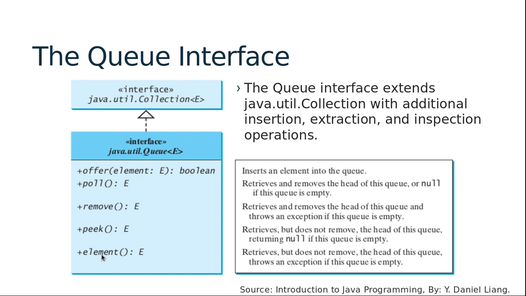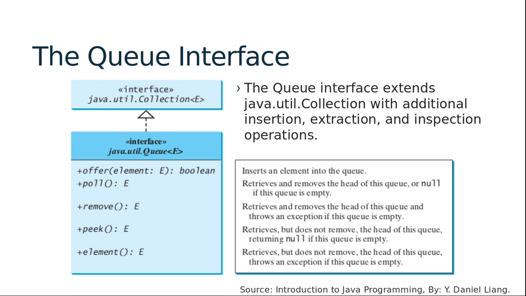Element is also going to return the first element, the head of the queue. But the difference here is, the peek method in case of an empty queue will return null, whereas the element method in terms of an empty queue will throw an exception. So this is the queue interface.